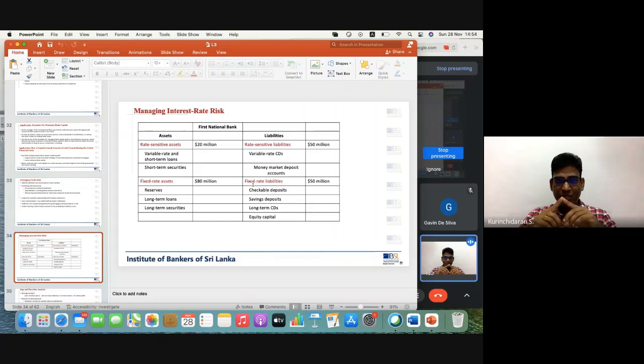That can be positive, that can be negative. If interest rate sensitive assets are higher than interest rate sensitive liabilities, you will get a positive gap. If the liabilities are higher than the assets, then you will get a negative gap. My question is, which is better, positive gap or negative gap?